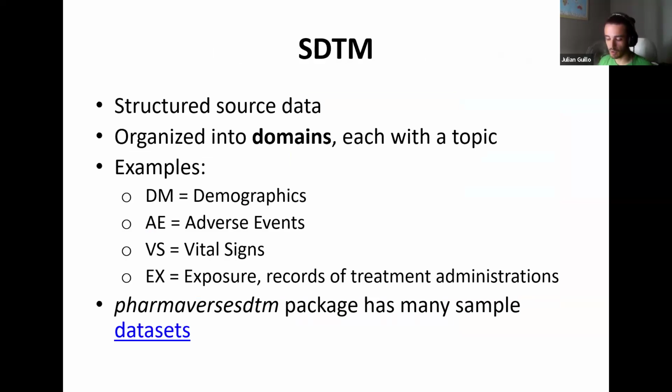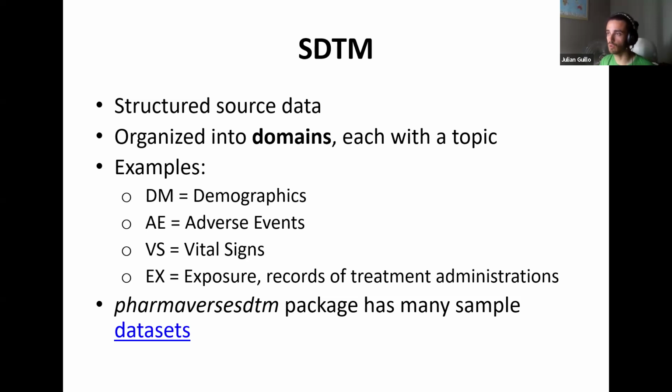So, okay, I'm going to go a little bit more in depth into what SDTM and ADaM are. Probably many of you already know this, but it was important for me to at least get the general idea of it. So the SDTM is the raw data, once it has already been structured from the collection.